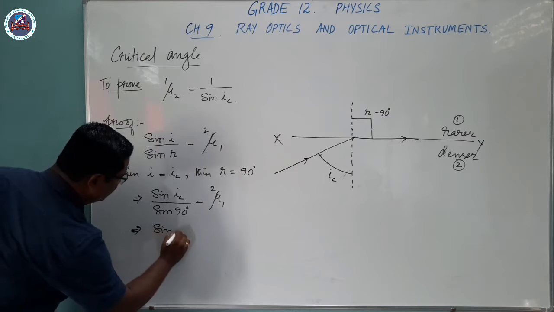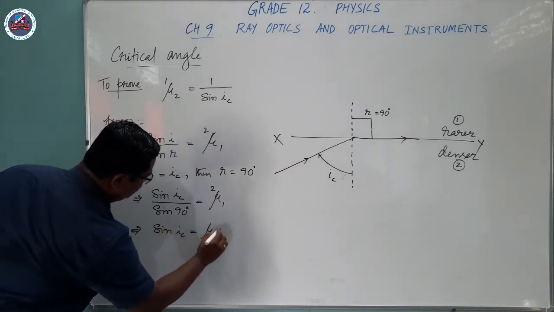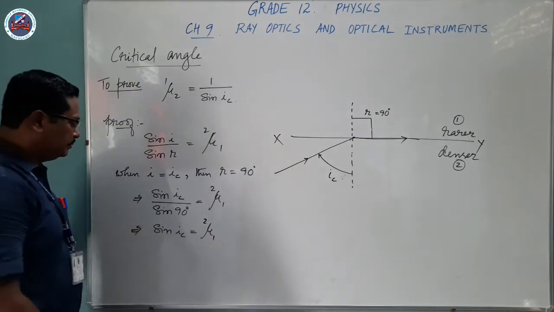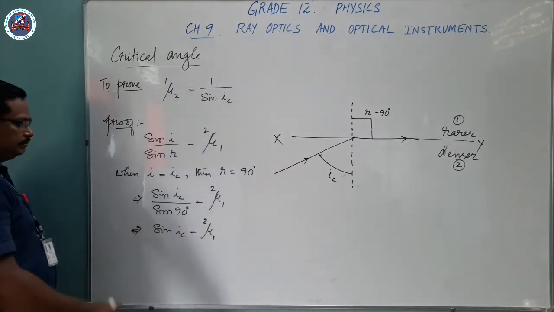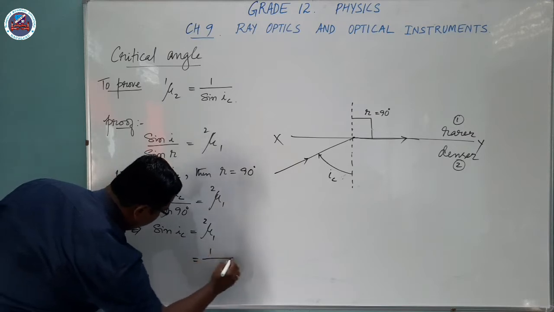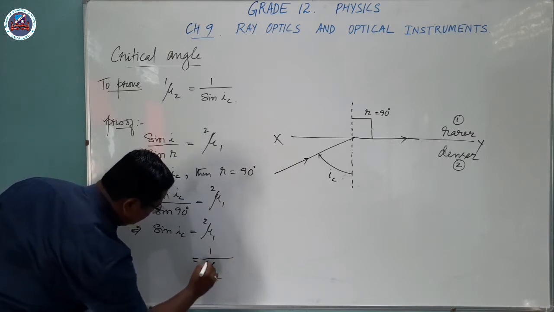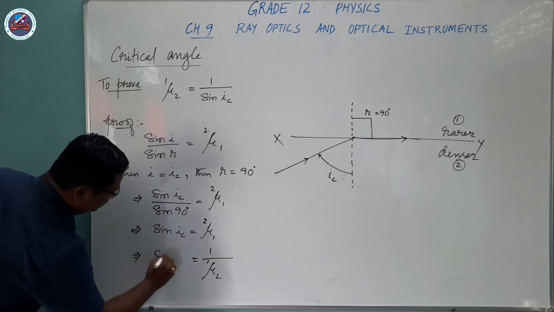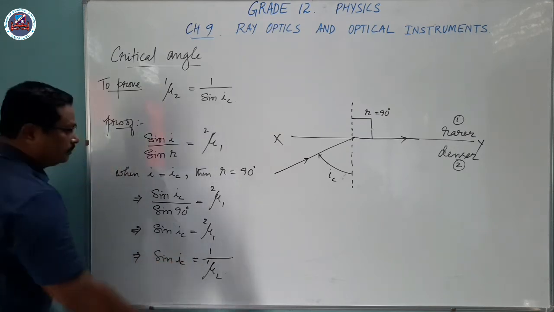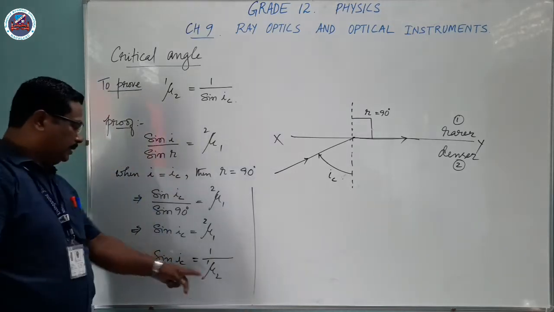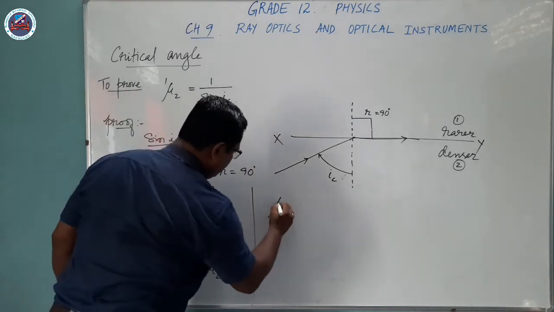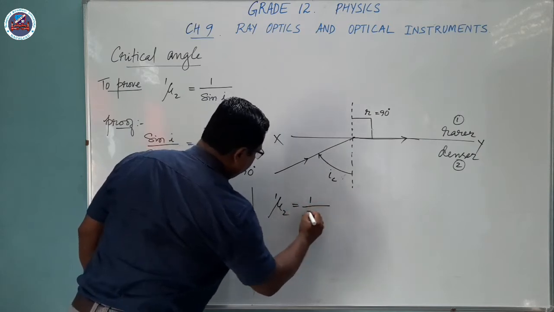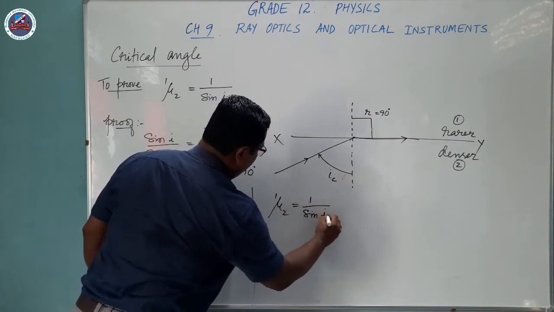So sin IC is equal to refractive index of first medium with respect to second, or rarer to denser. Now if I reciprocate it, it will look like this: 1 by refractive index of second medium with respect to first is equal to sin IC. So if I cross multiply now, you will get refractive index of denser medium with respect to rarer medium is 1 by sin IC.